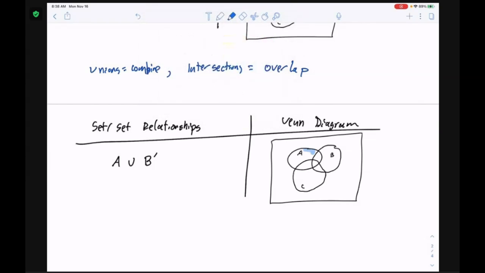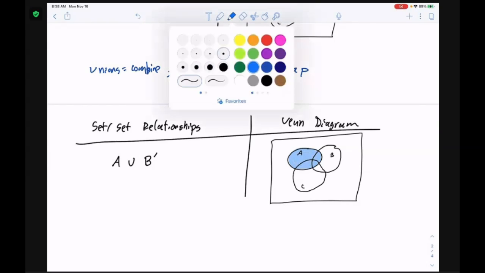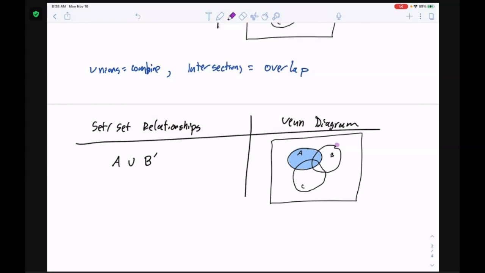So A, we've gotten that down pat, I think. We got A right there, boom. Now not B. Now once again we're going to do it. We're going to do not B, which is everything outside of B. Right there.